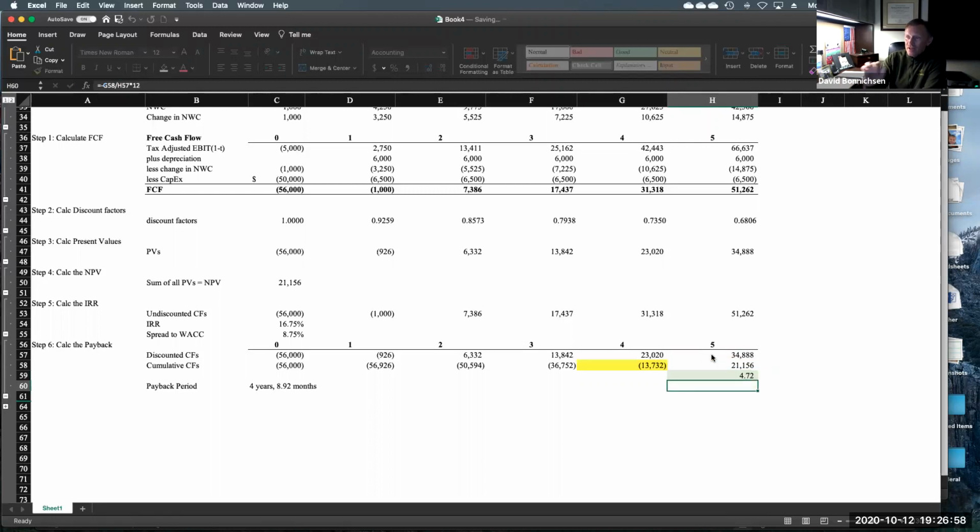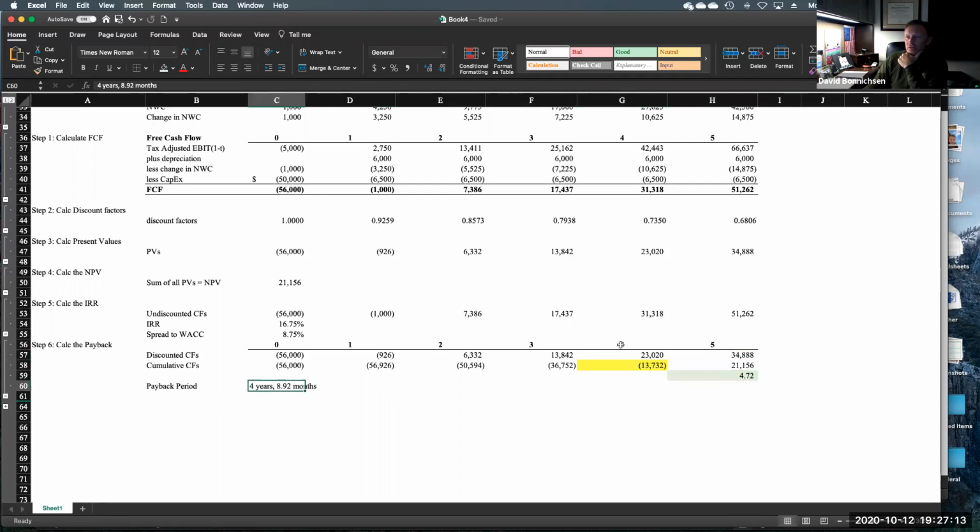And then it tells us it took 4.72 months of year 5, okay, to get us to a payback of 0. Okay. So the total payback period for this project is 4 years and 4.72 months. Sorry.